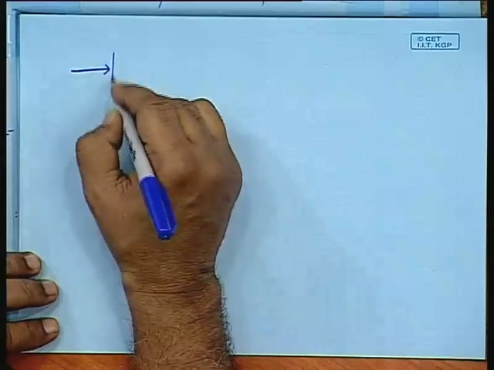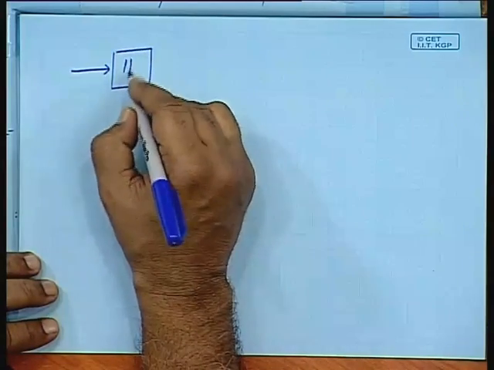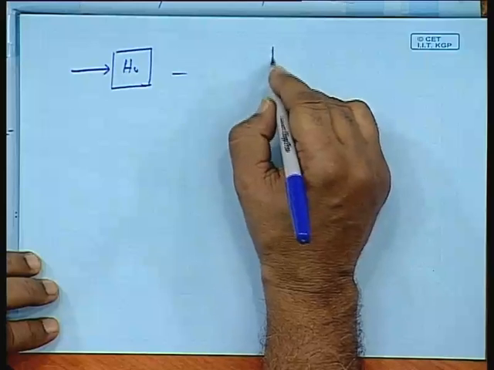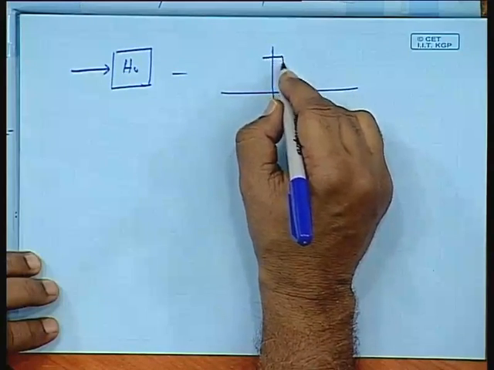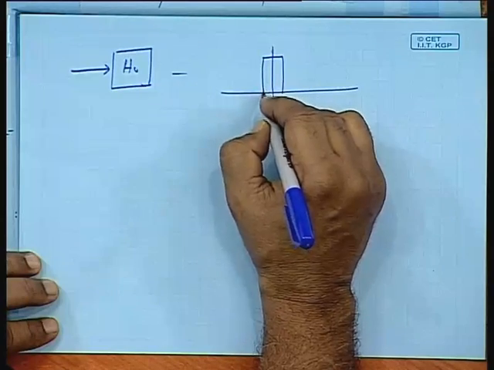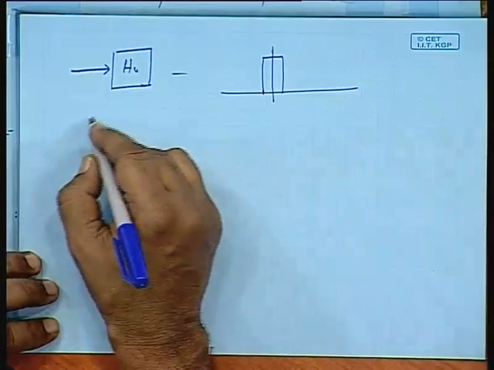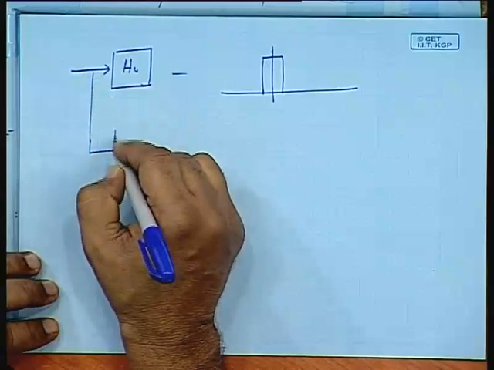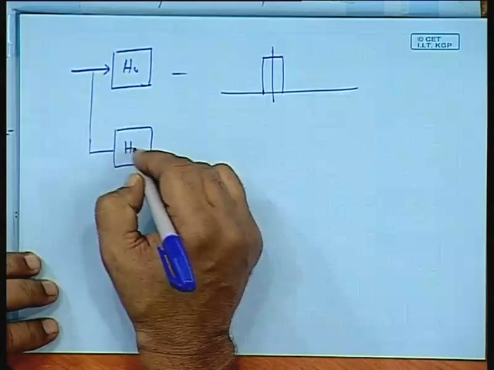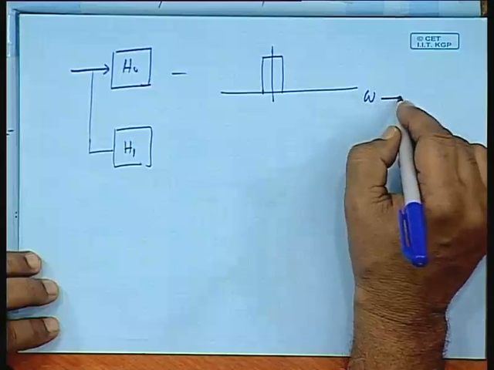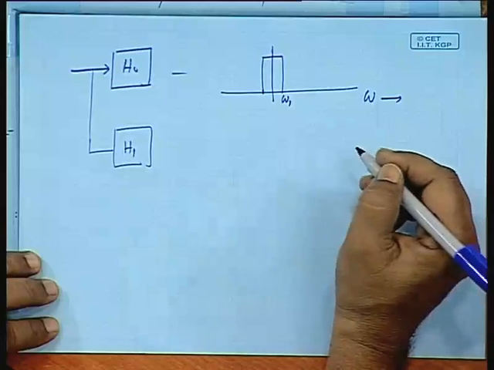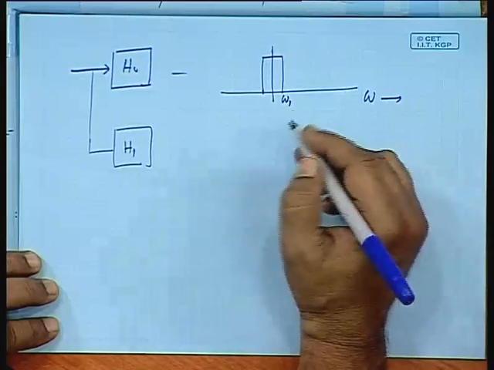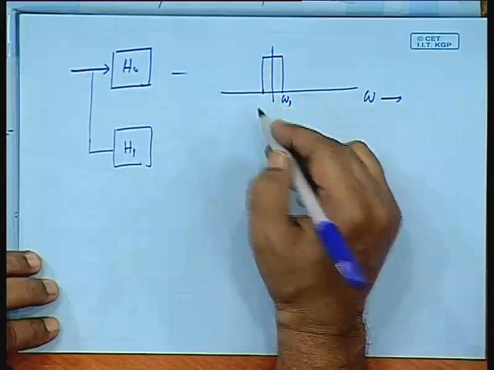I have a channel H0, which gives me a filter gain of a characteristic like this. Then I have H1, and mind you, this is in terms of omega. So, this is some omega 1. We will see later on, it need not be symmetric on this side.